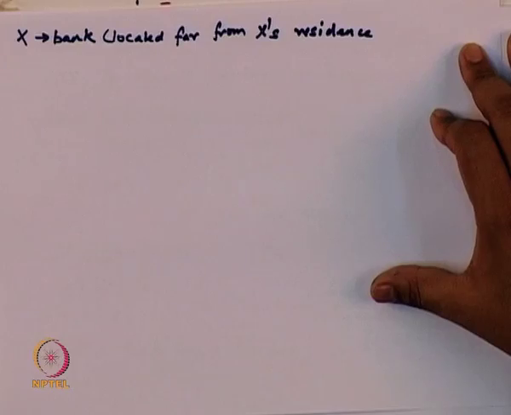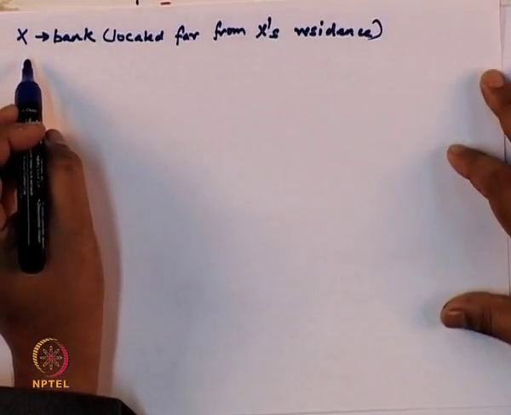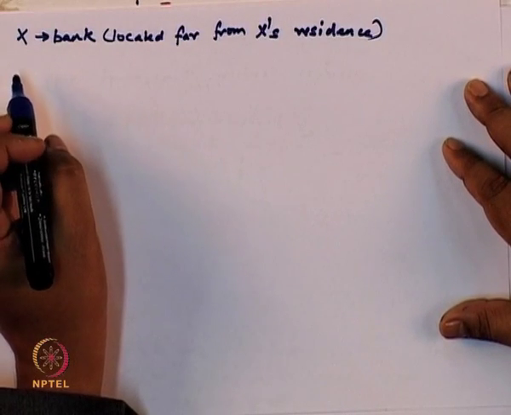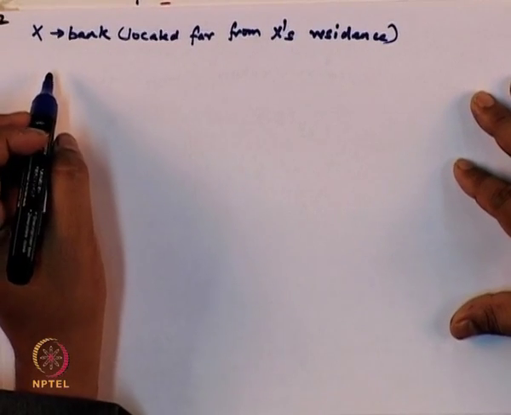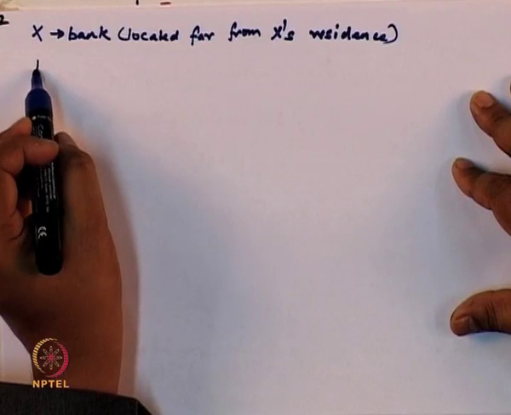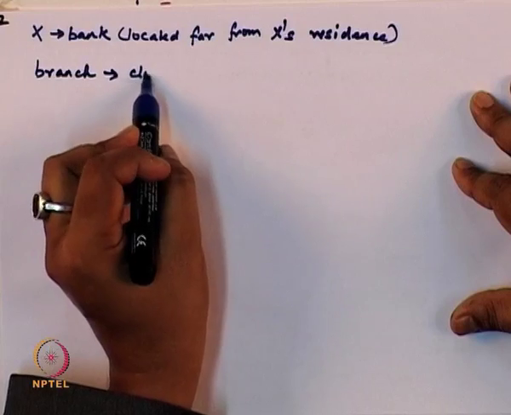Okay. So, he is eager to join a bank which is close to his home, and he has gotten a piece of information that the bank is considering opening a branch. So, the bank wants to open a branch which is close to X's home.